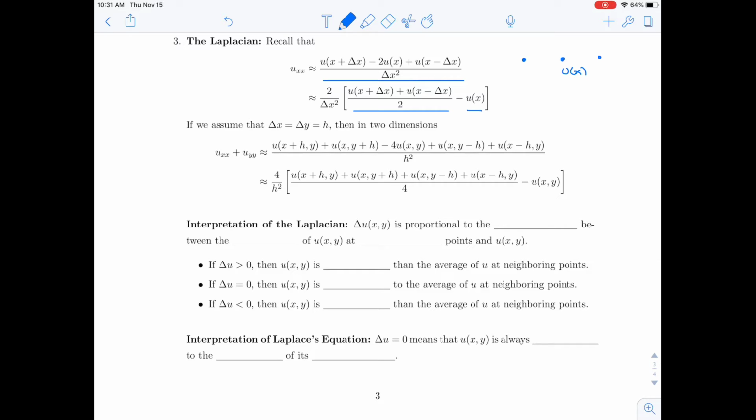When we were looking at this for the heat equation, we saw that the Laplacian was proportional to the average of the surrounding points minus u of x.